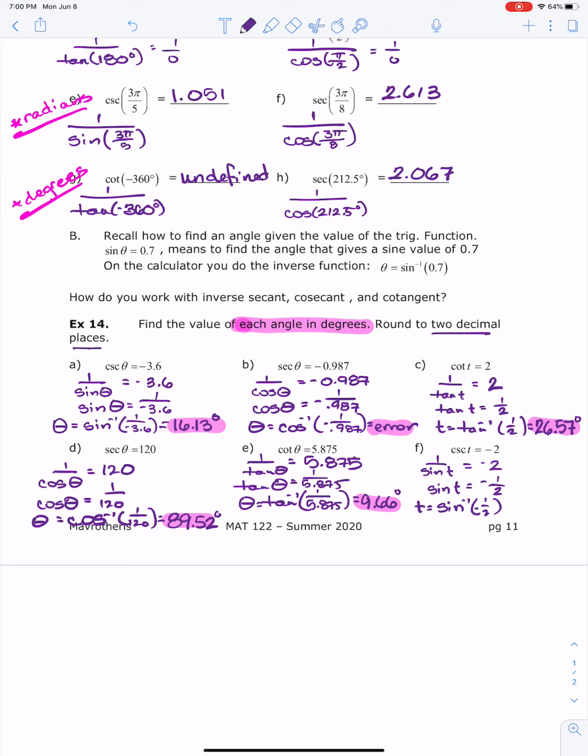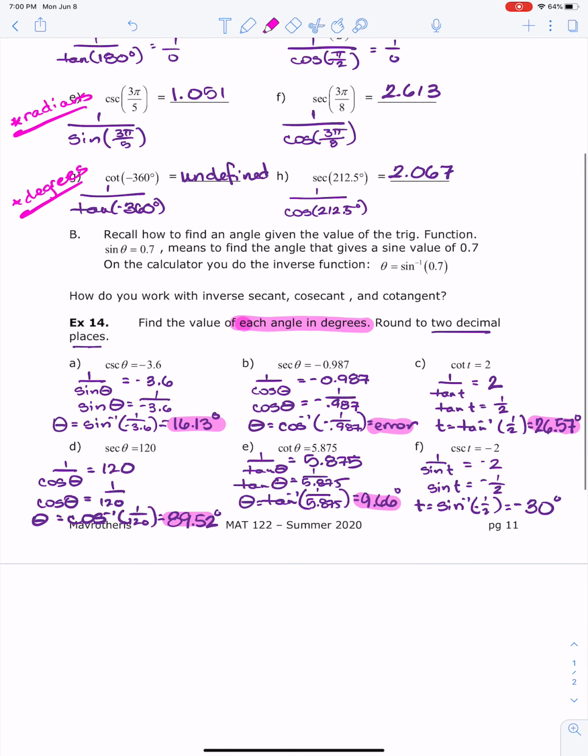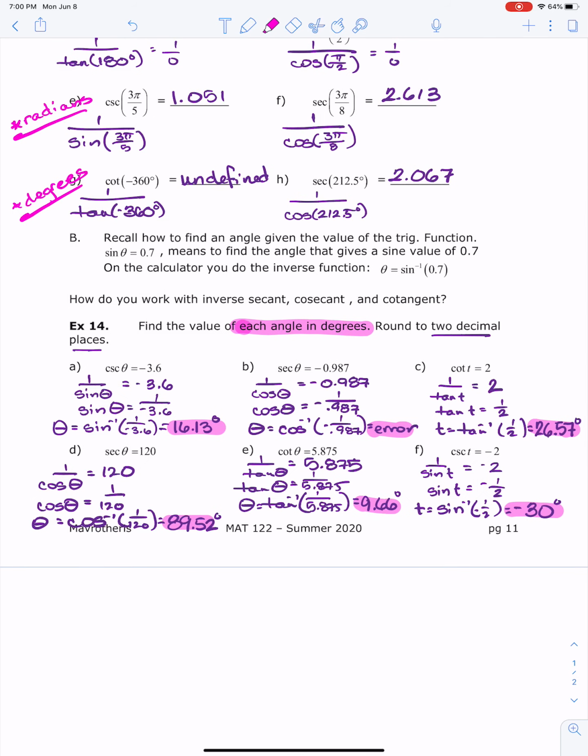So this is basically saying what's the angle where the sine is negative 1/2. And even though that happens a couple of places on the unit circle, this is a function, so we should only have one answer. So f, the inverse sine of negative 1/2, is negative 30 degrees. And there's page 11.